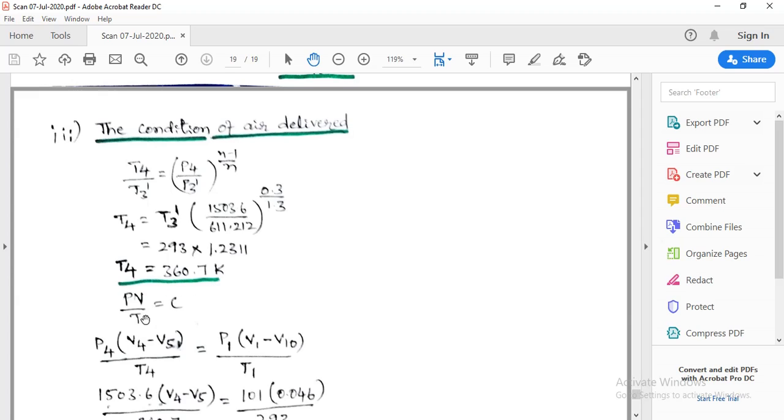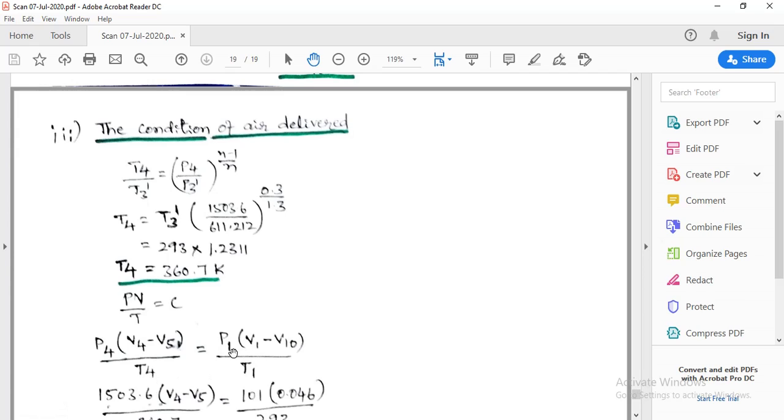We know that PV by T is equal to a constant. For the suction condition and delivery condition, if we apply it, the pressure is P4, the final delivered temperature is T4, and the volume of air delivered is V4 minus V5. This volume will be delivered at temperature T4.